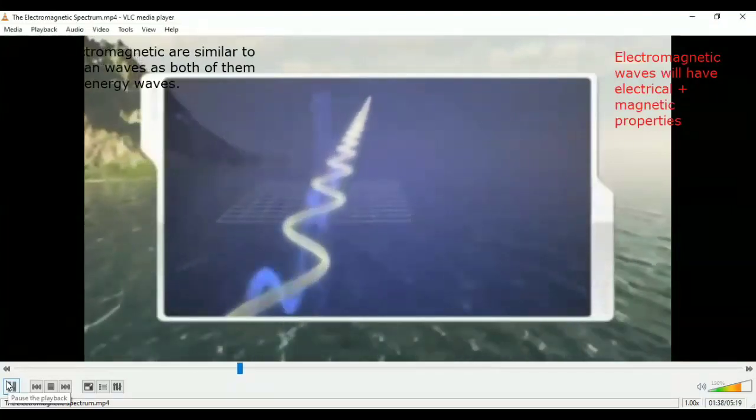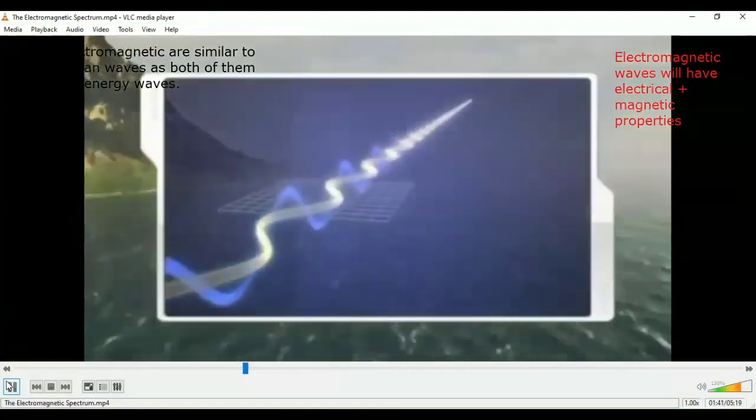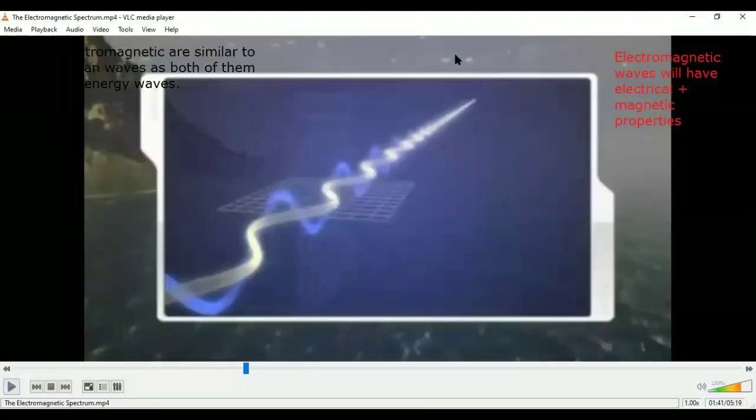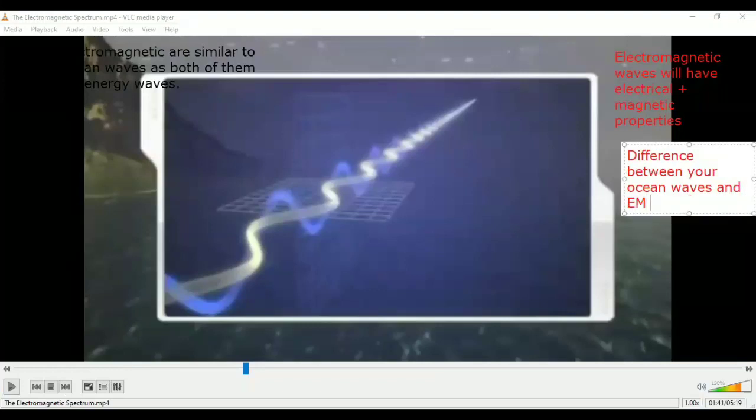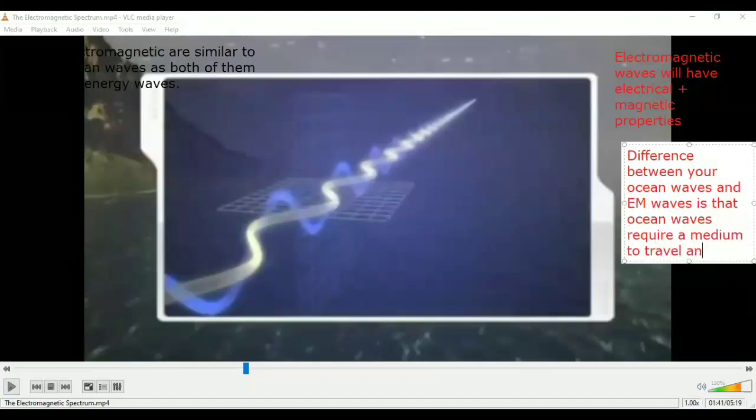Unlike ocean waves that require water, EM waves travel through the vacuum of space. The difference between your ocean waves and EM waves is that ocean waves require a medium to travel, and EM waves can travel in vacuum also.